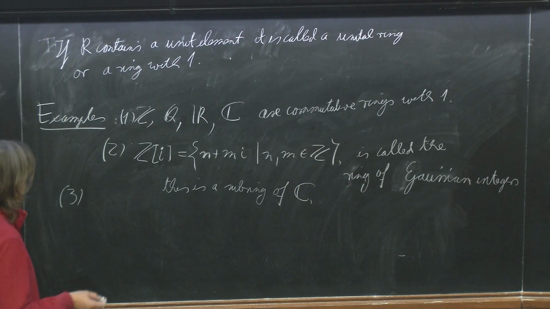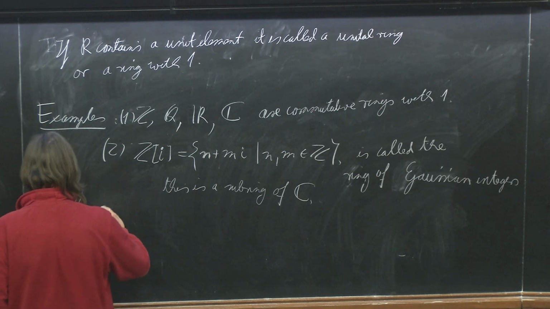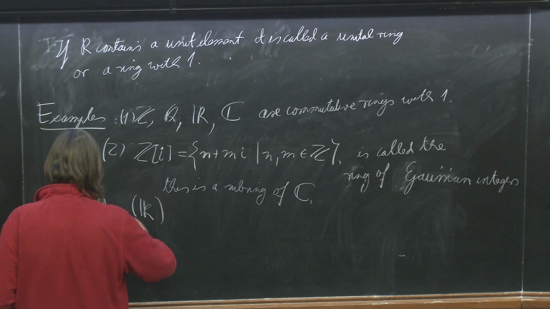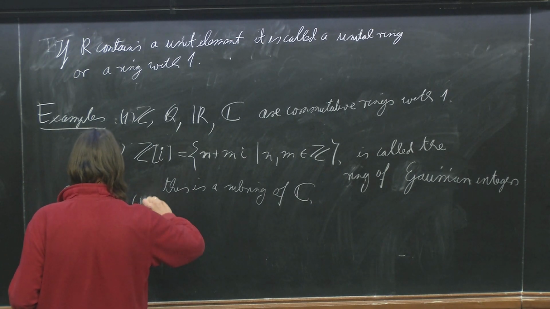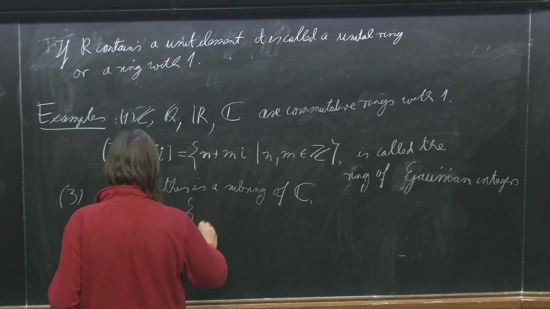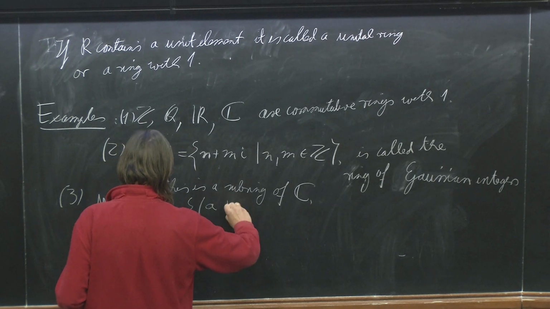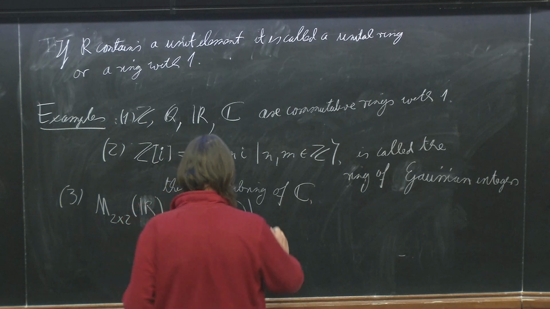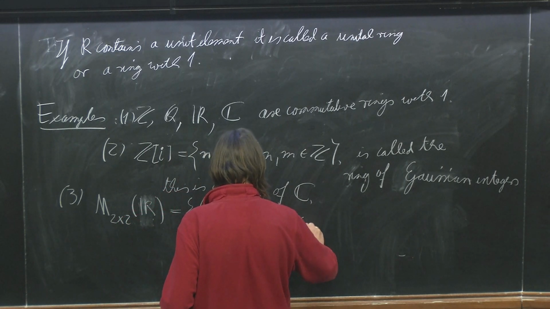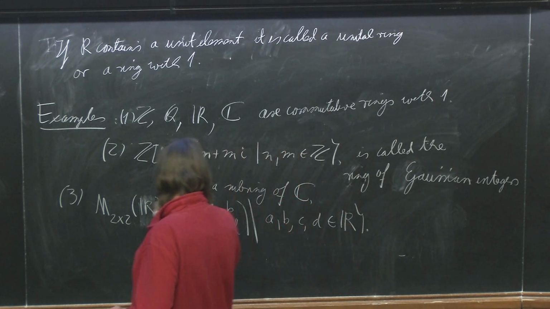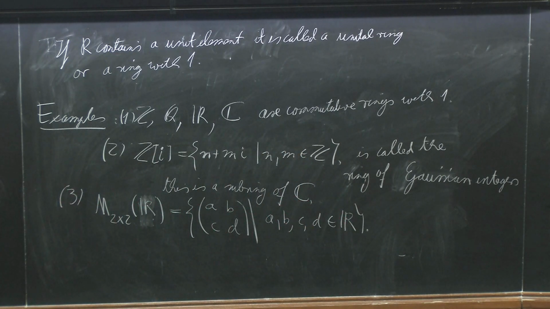And then we also have a non-commutative ring, which is matrices. For instance, we can look at the 2 times 2 matrices with coefficients in R as an example. So this would be the set of all matrices (a, b; c, d), where a, b, c and d are real numbers. And this is a ring with matrix addition and multiplication.